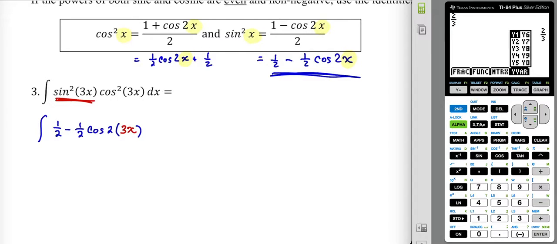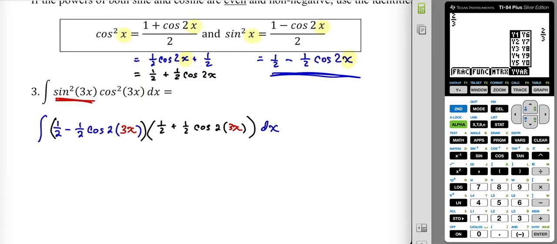Then an additional variation on the cosine one, for consistency, we could write it as 1/2 plus 1/2 cosine 2x. So 1/2 plus 1/2 cosine of 2 times the argument, which is a 3x again, and then we slap on a dx at the end.